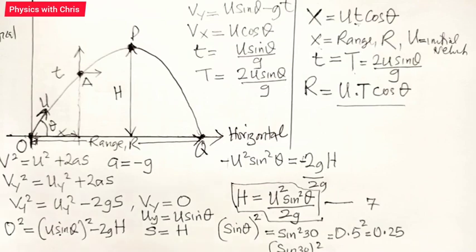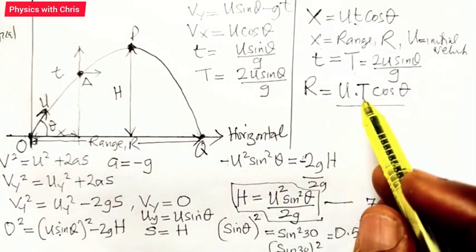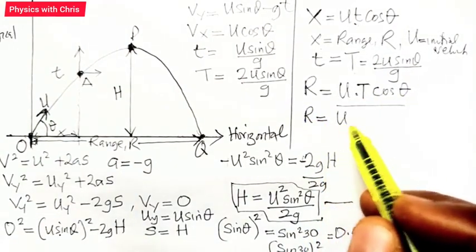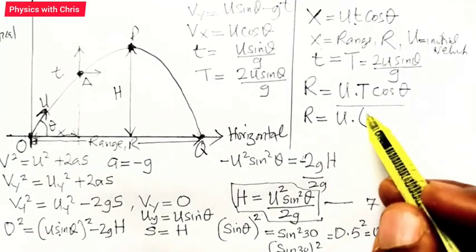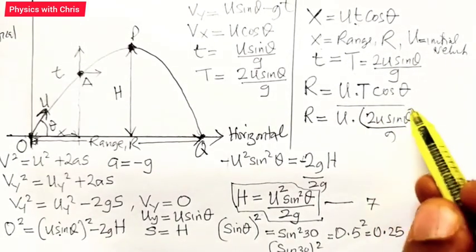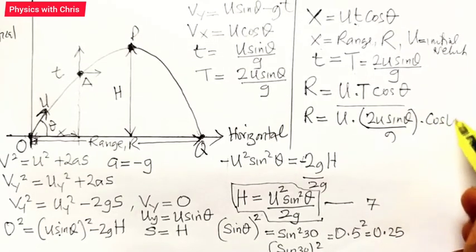How about if we're not given the time of flight and you are to calculate the range directly? We can replace this T with 2u sin theta over g. That gives me range equals u times, let me place it in a bracket, 2u sin theta divided by g, times cos theta.